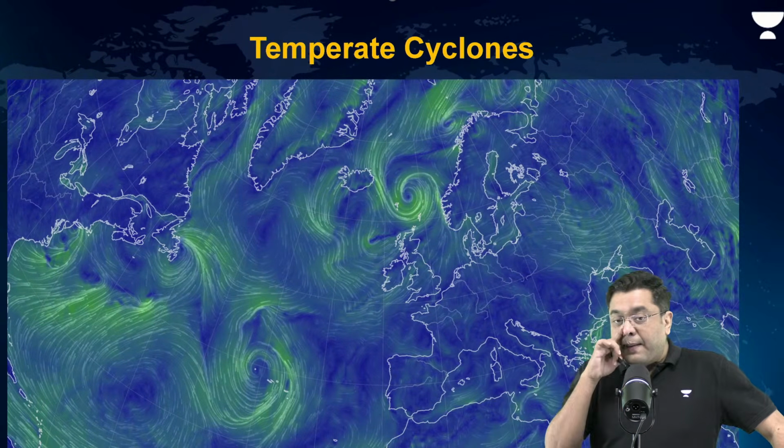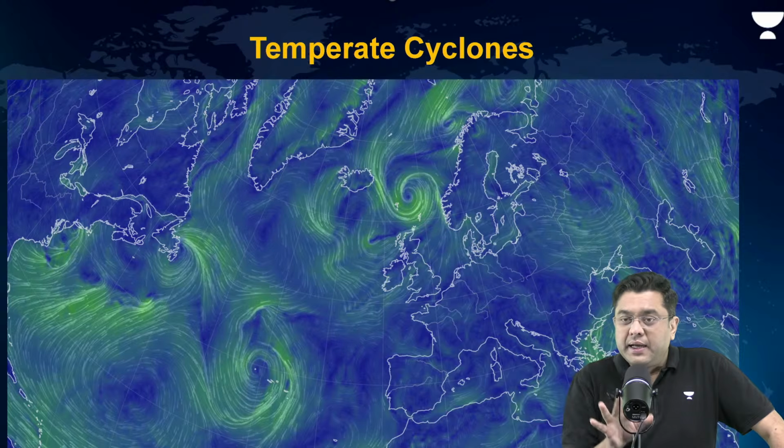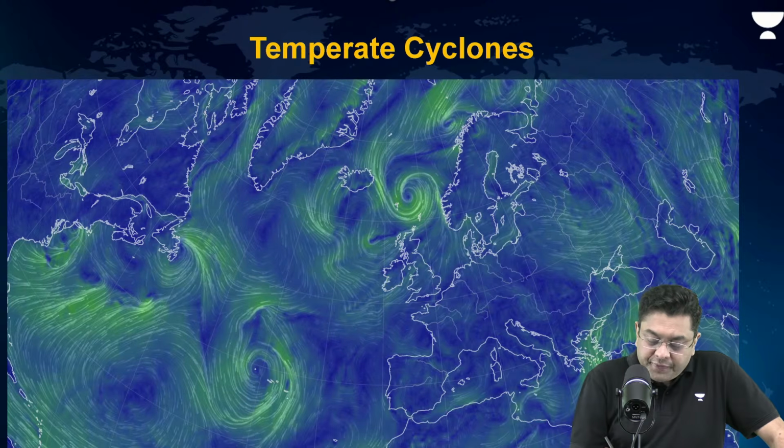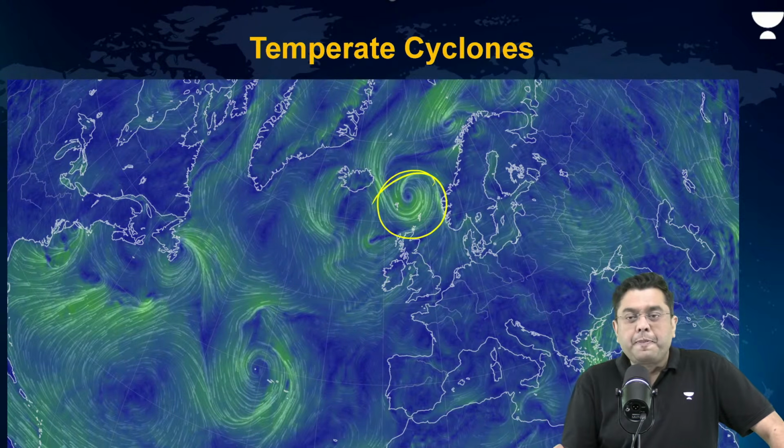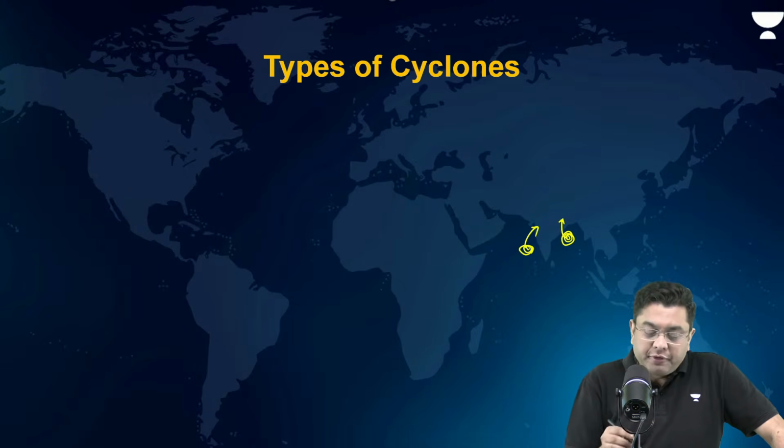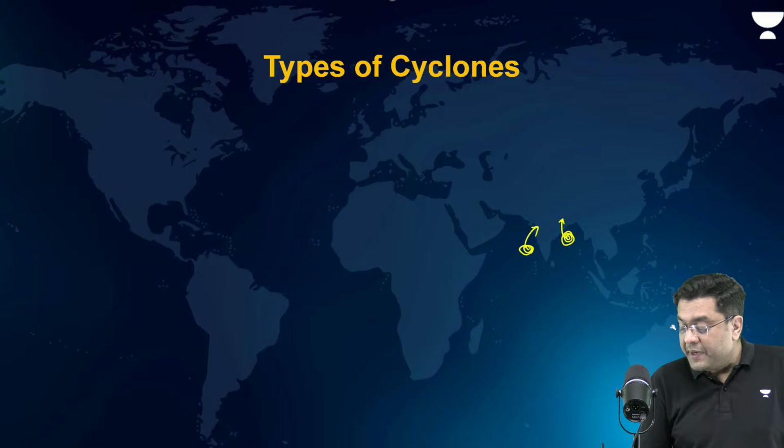This is a satellite map of today, right? Today afternoon. Observe this cyclonic circulation, which is happening in the region of Northern Europe. Okay. This is what is referred to as a kind of a temperate cyclone.